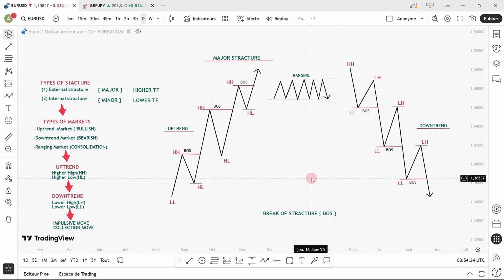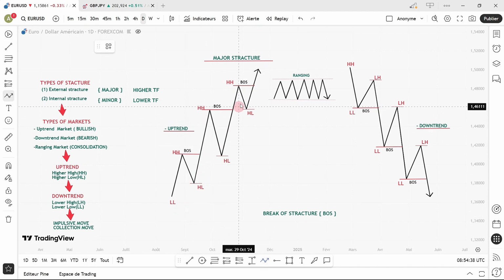Most traders just tend to ignore what the major structure is telling them. That's why they find themselves losing to the market. The market is in a very strong uptrend, but you're still looking for selling opportunities, which is very risky.